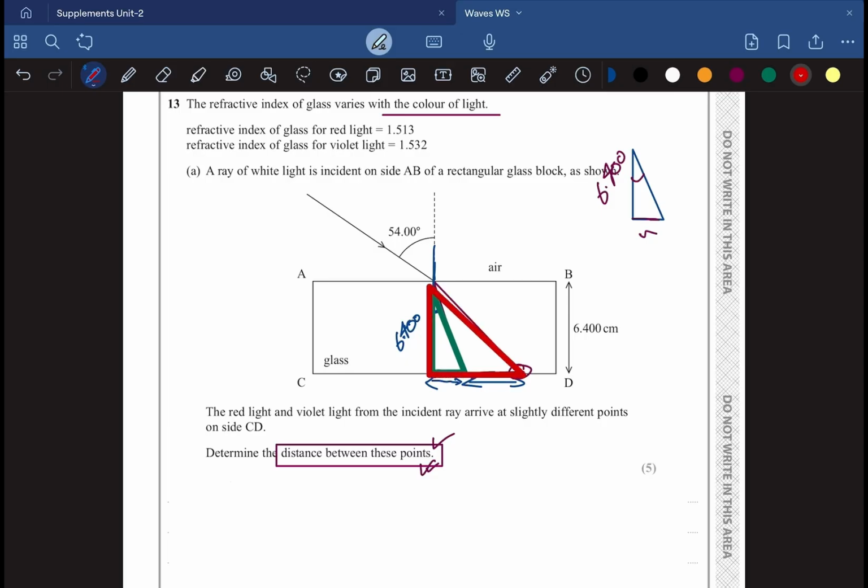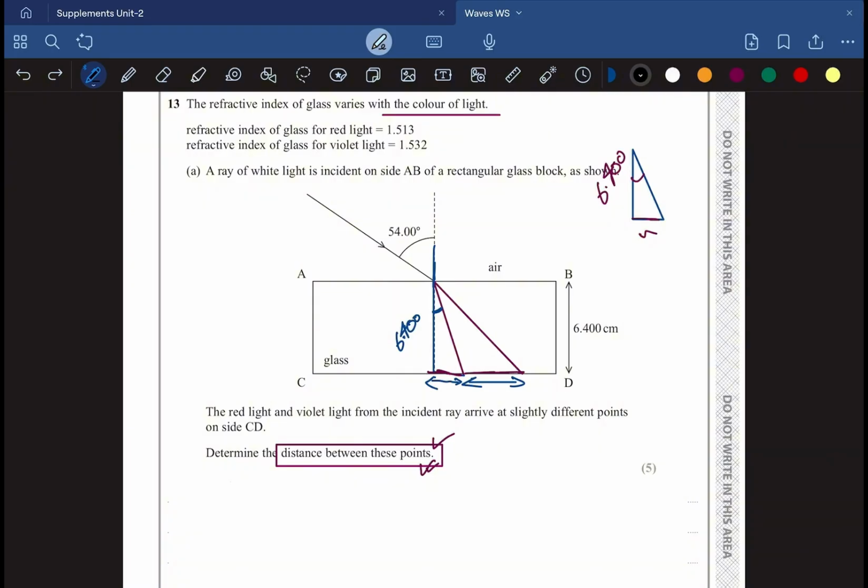If we can figure out this side of the bigger triangle as well as this side of the smaller triangle, and subtract both of them, we will be able to get the distance between the 2 points. Now let's figure out this x part of these 2 triangles.